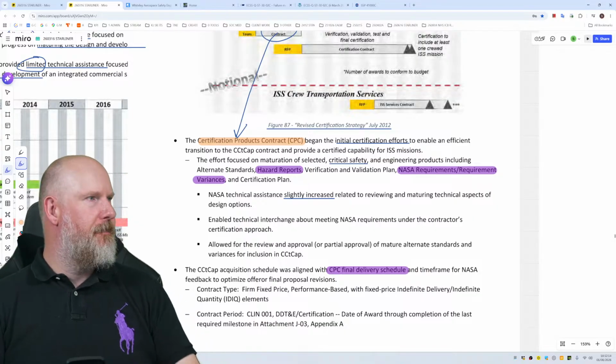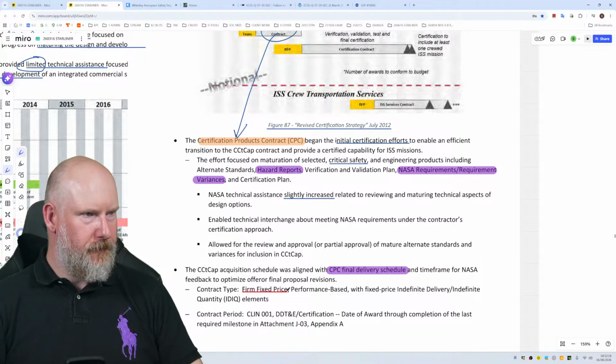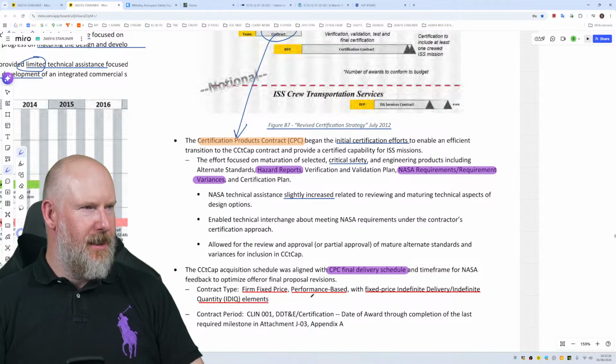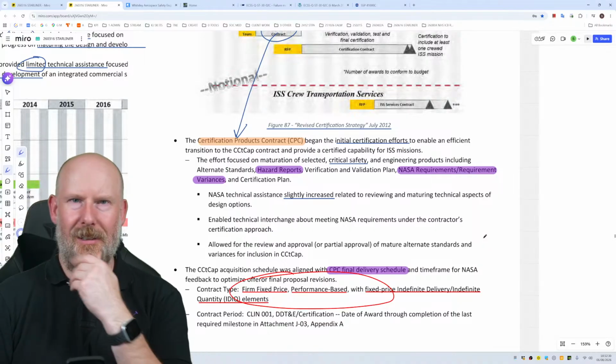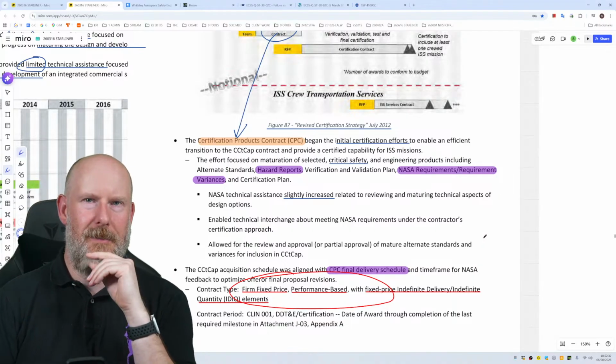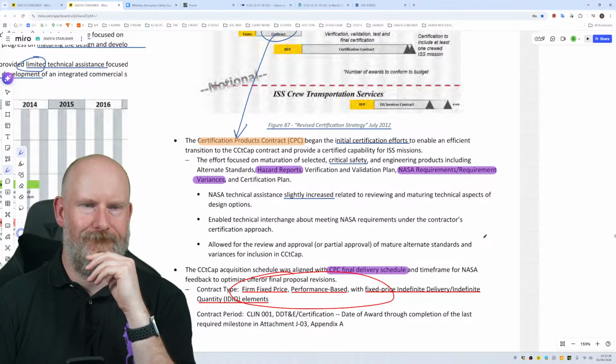Contract type. Firm fixed price. Performance based. With fixed price, indefinite delivery, indefinite quantity elements. You see, I wonder how much of this kind of contracting actually undermines safety and makes it very difficult to run a business and make a profit.